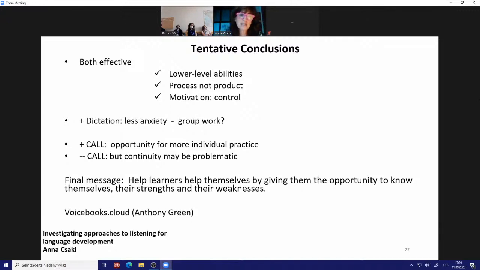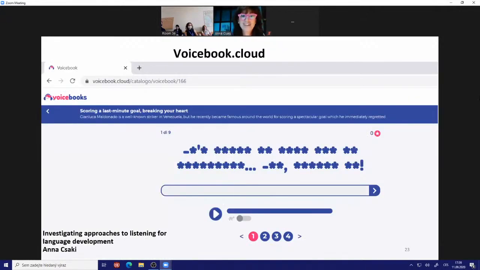And this is a resource that I discovered in my investigation. It's a project by a colleague in Bari, Anthony Green, and it was interesting to me because this resource actually combines CALL and dictation, and I would recommend that you investigate it. It's free for now.